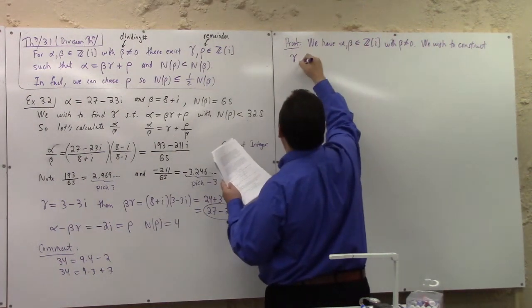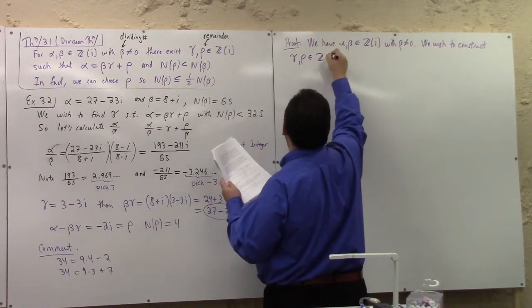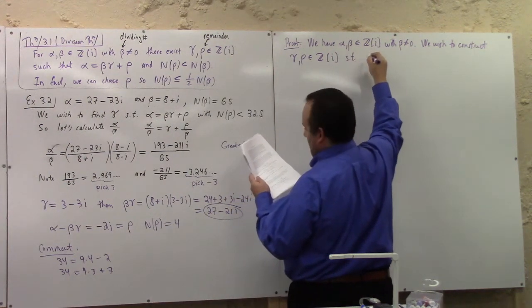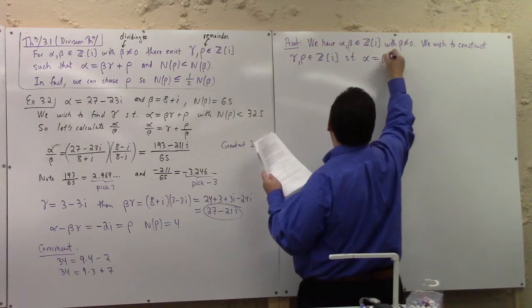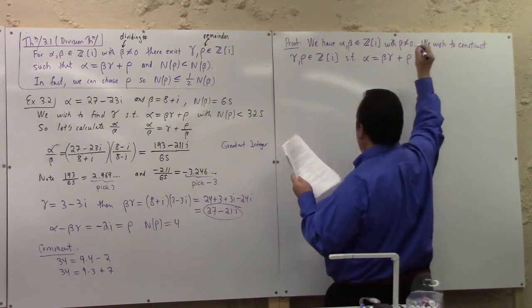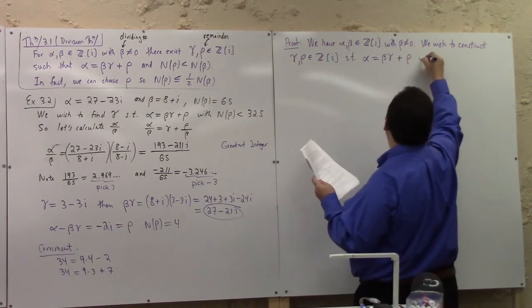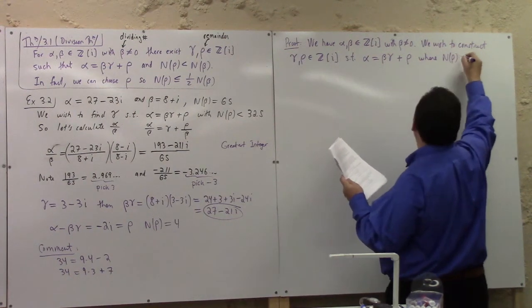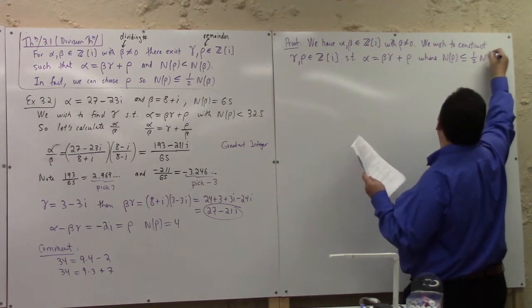Gamma and rho in the Gaussian integers such that alpha equals beta gamma plus rho, where the norm of rho is less than or equal to 1/2 the norm of beta.